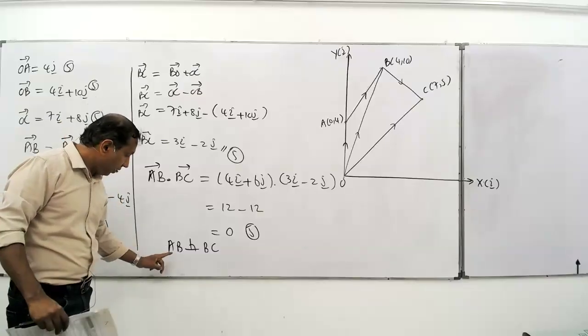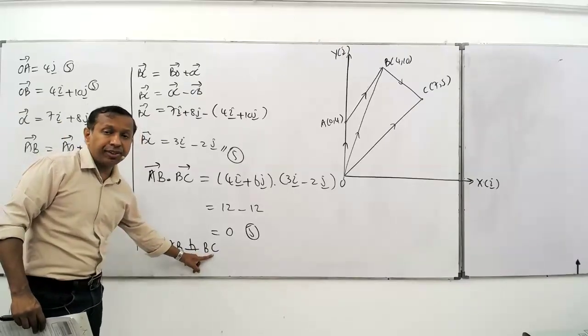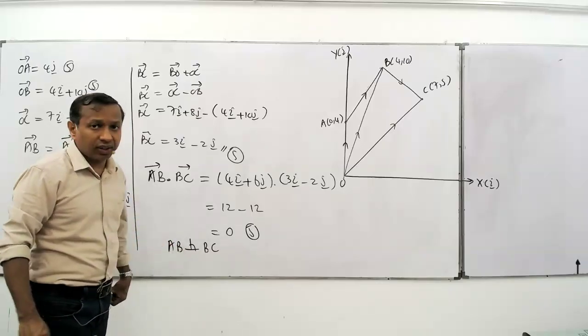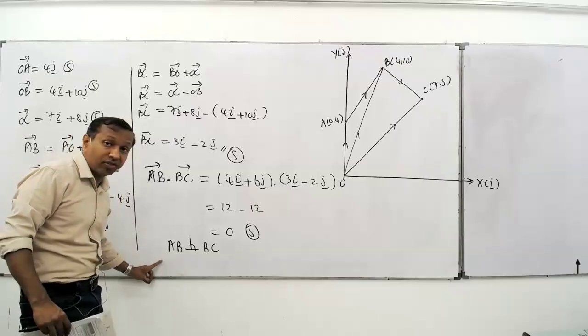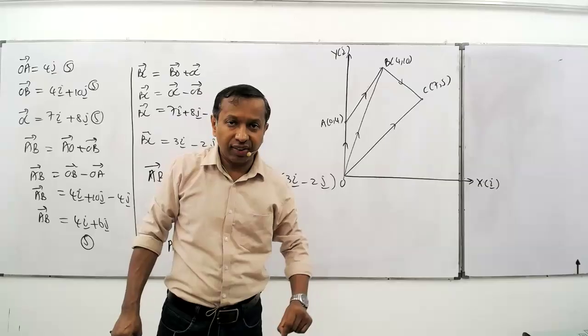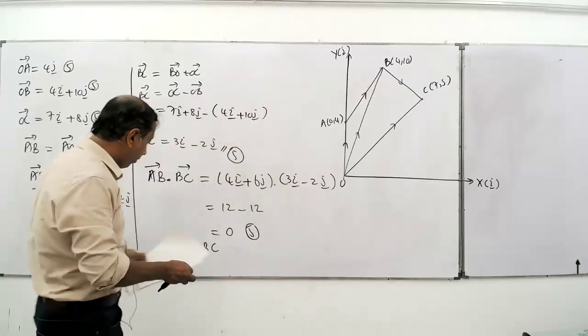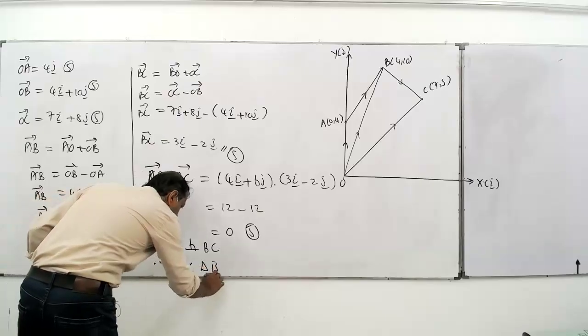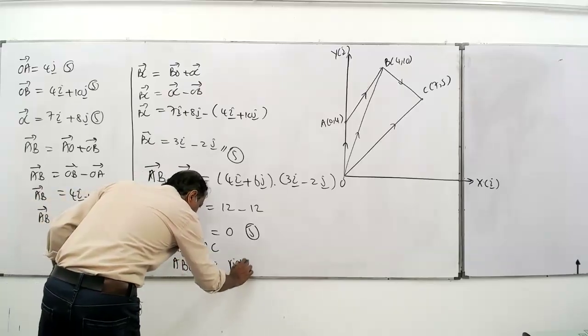AB perpendicular to BC alone is an incomplete answer. AB perpendicular to BC gives that triangle ABC is a right angle triangle. You must write that in words. Therefore, ABC triangle is a right angle triangle. You get 5 marks for that.